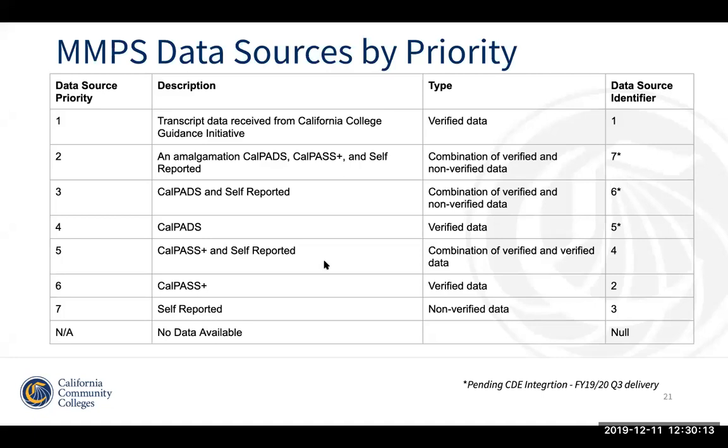CalPAS is similar to CalPADS in that it is completion data, year-end completion data, and the age of their data is really dependent upon when the high school district or the LEA actually shares that data with CalPAS.